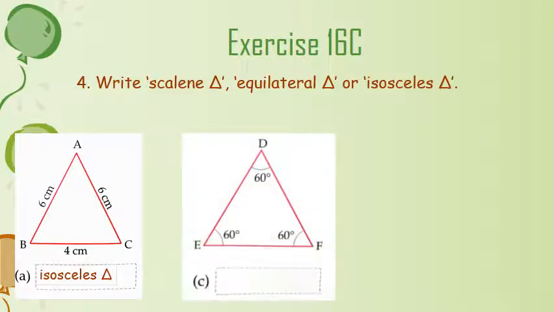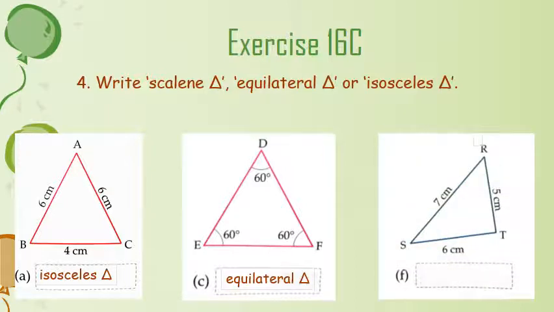Now let's come to the C part of this question. Here children, you can see all the angles of the triangle are equal to 60 degree. So children, you know that in an equilateral triangle, all the angles are equal to 60 degree. So this triangle, triangle DEF, is an equilateral triangle.